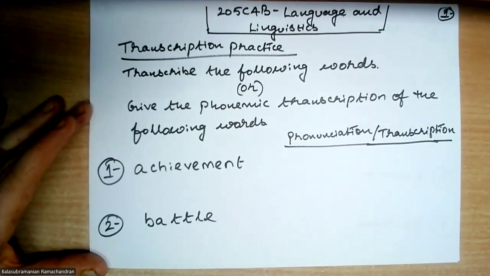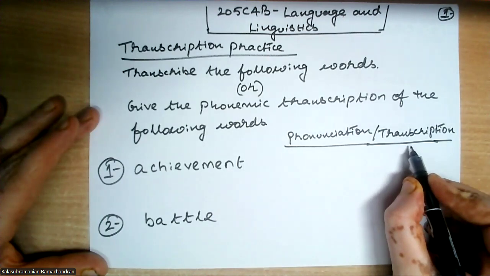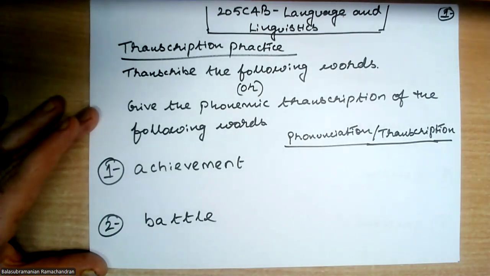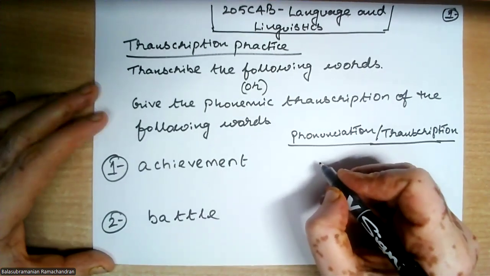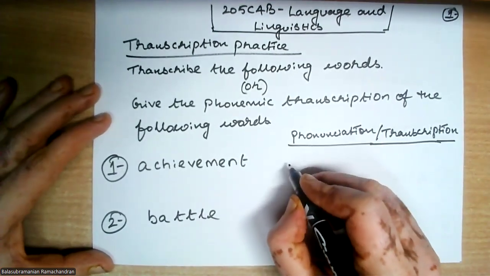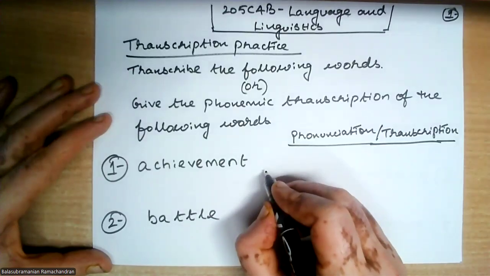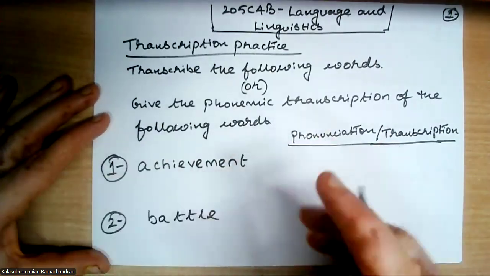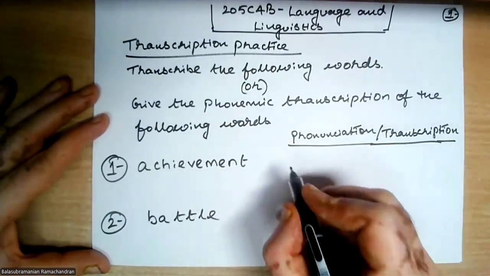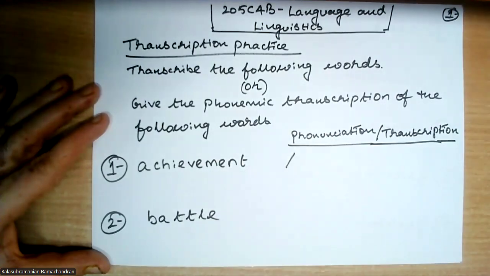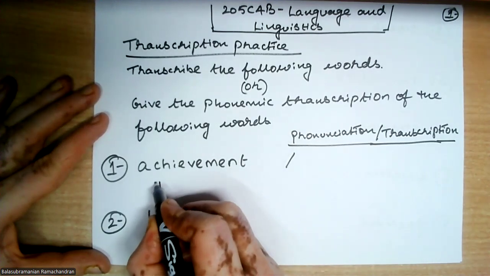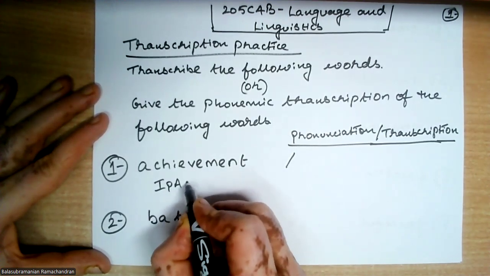So remember, when we are going to write the transcription, there is a particular convention. There is a particular method by which you have to do it. The transcription or the pronunciation of any word is written between slanted lines. First a slanted line, and then we use the IPA or the International Phonetic Alphabet.